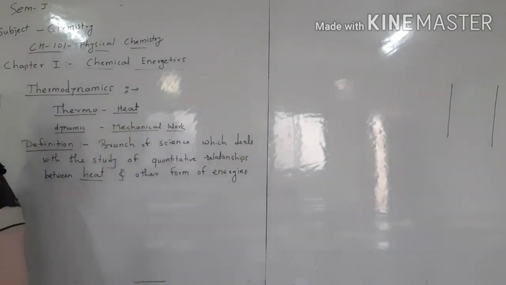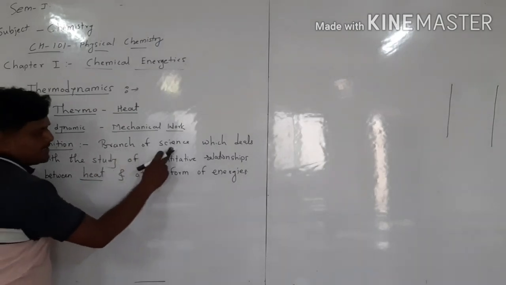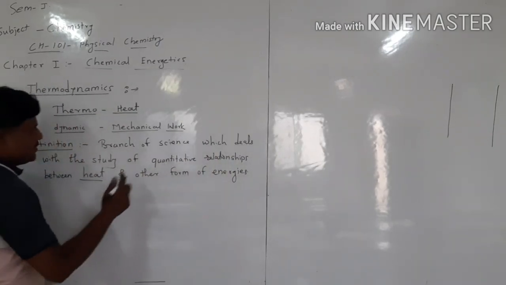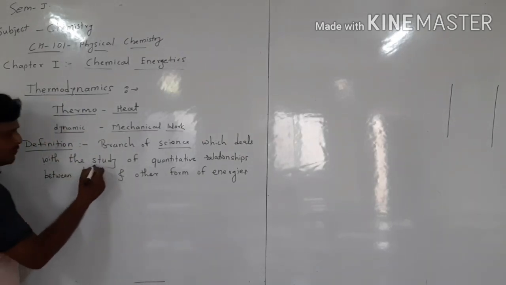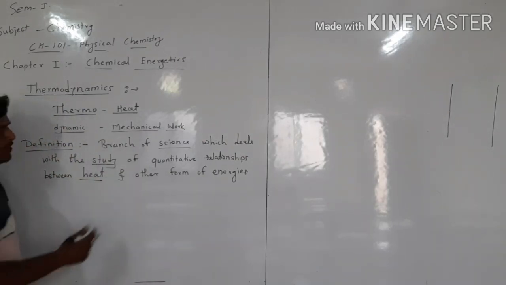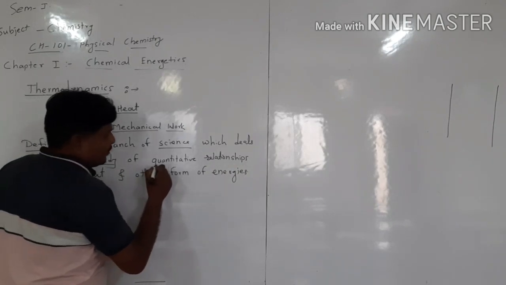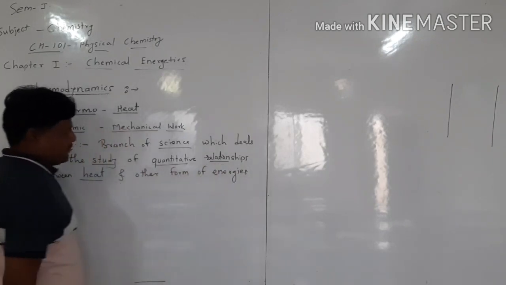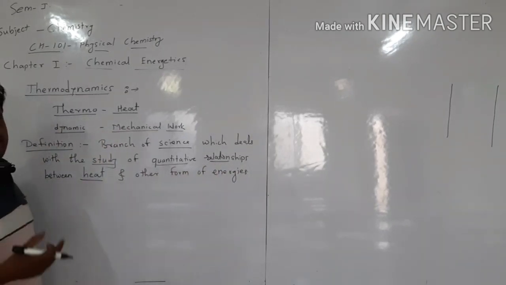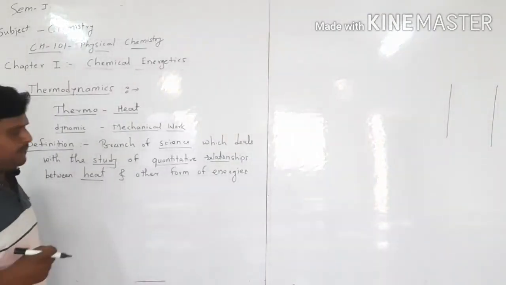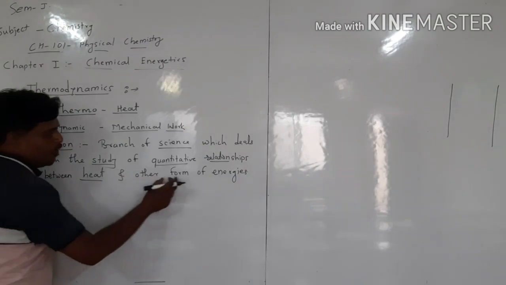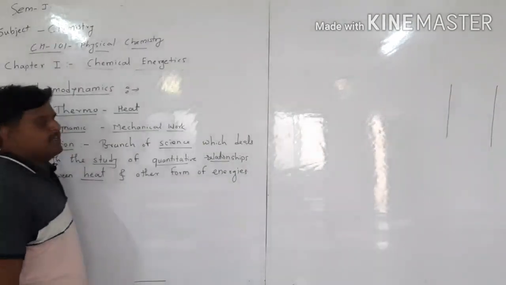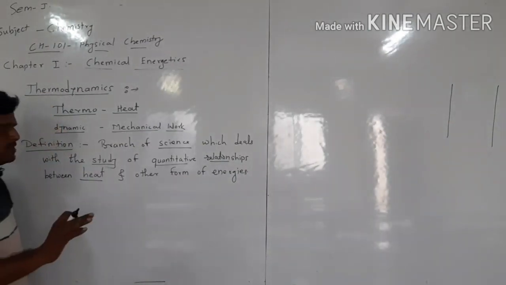So this is one of the simple definitions of thermodynamics. What type of study is it? Quantitative relationship. Quantitative means quantity. Quantitative relationship between heat and other forms of energies. Okay, so this is one of the simple definitions.